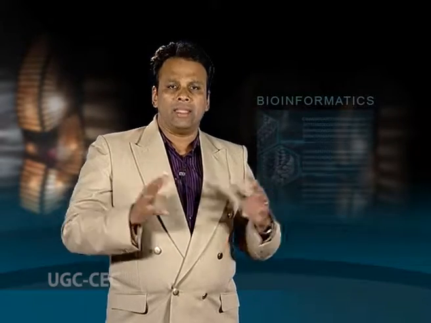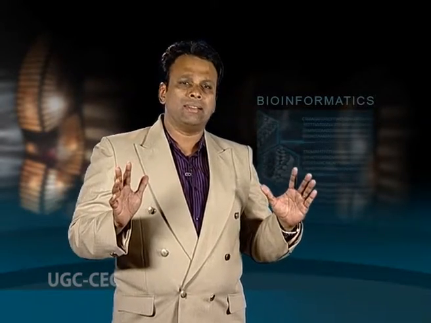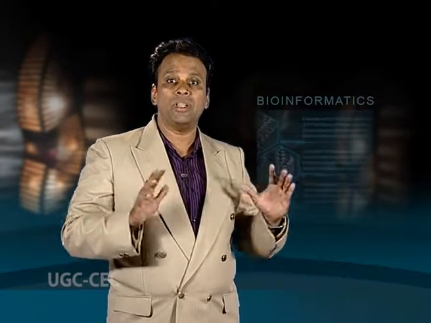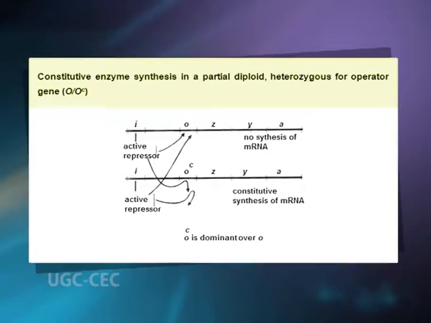On the other hand, partial diploid cells heterozygous for mutation at the operator site exhibited constitutive synthesis of enzyme, indicating that the normal operator gene O is recessive to the mutant gene OC. This is clearly depicted in this figure.